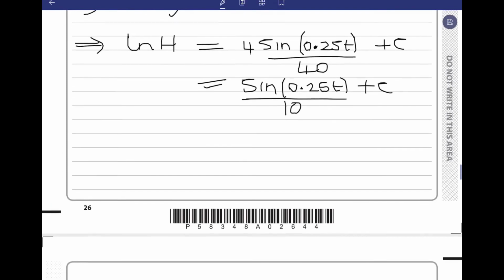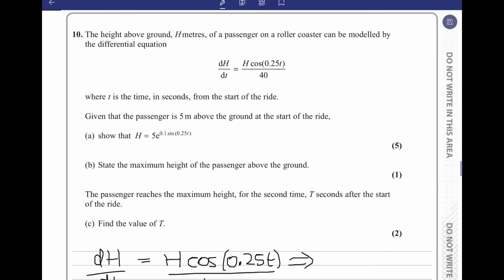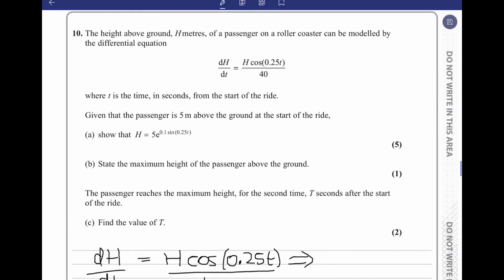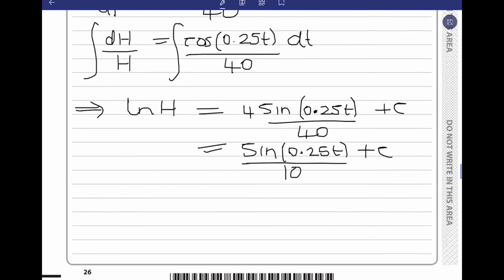So now what we need to do is use the information that we were given at the start, namely the passenger is 5 meters above the ground at the start of the ride. So this means when t equals 0, h is 5. So let's do that. When t equals 0, h equals 5.